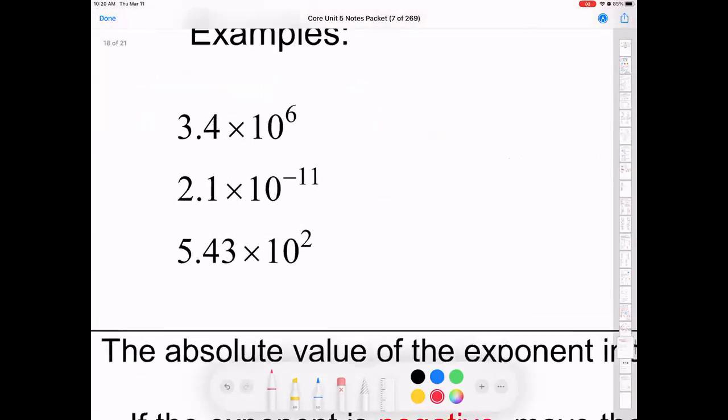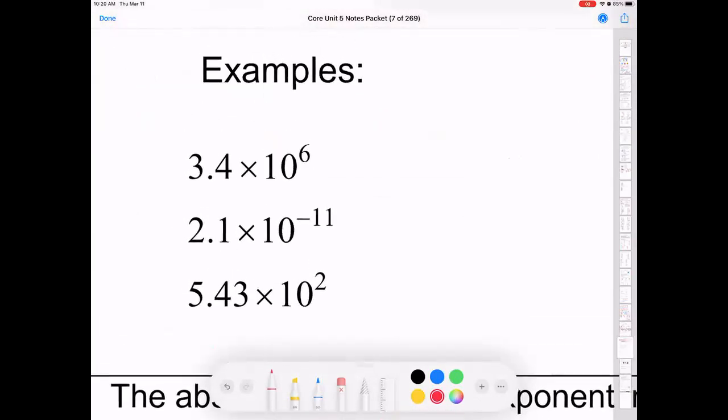Now, here are some examples of scientific notation. 3.4, notice how that's between 1 and 10, times 10 to the 6th power. 2.1, well, that's in between 1 and 10, times 10 to the negative 11th. And then 5.43, so you don't just have to stop at the tenths place, you can keep going into the hundredths or thousandths even and beyond, times 10 to the 2nd power.